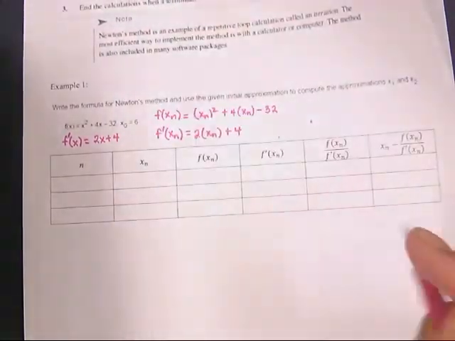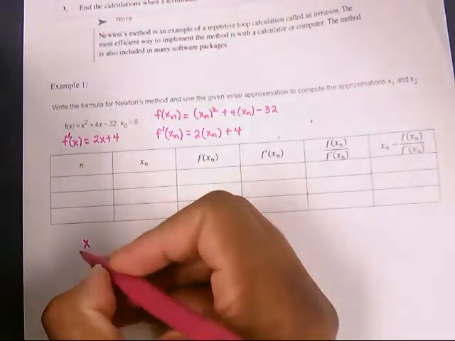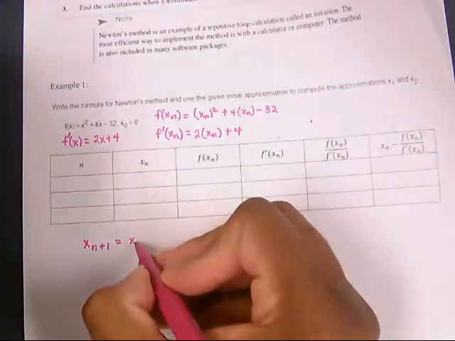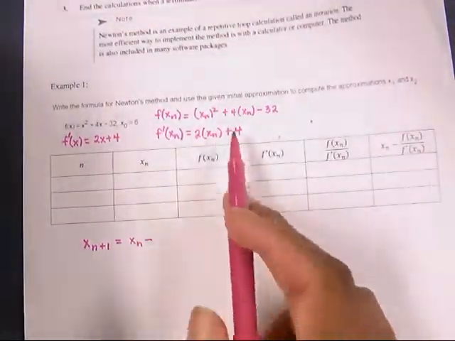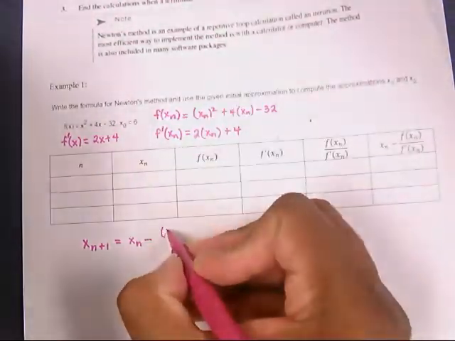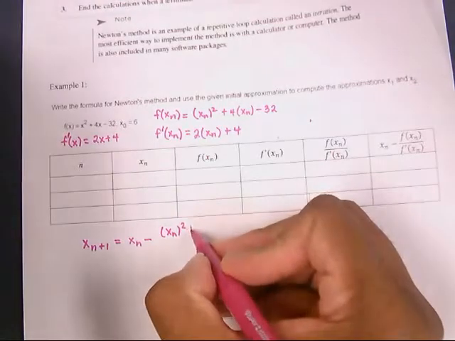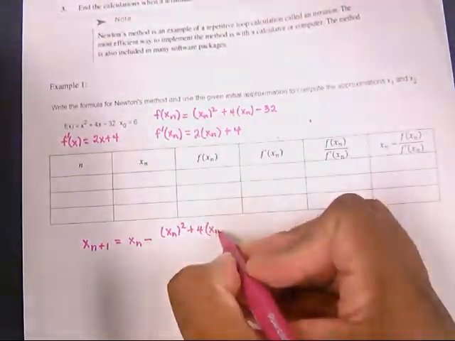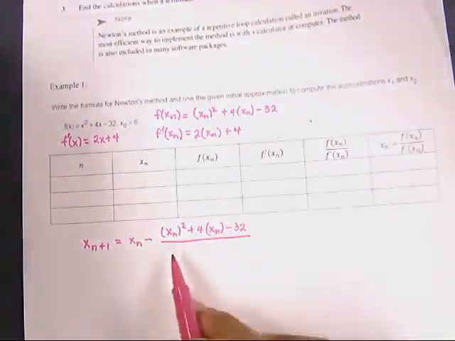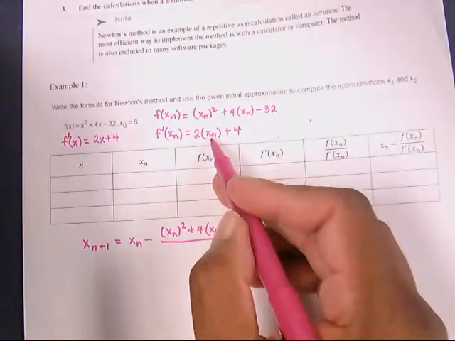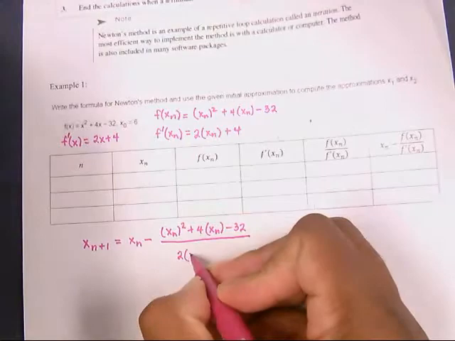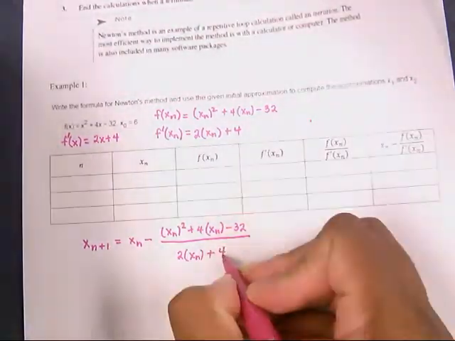Now the formula for Newton's method, I'm going to write that at the bottom. This will be x sub n plus 1, and that's equal to x sub n minus, the numerator is f of x sub n, that's this right here: x sub n squared plus 4 times x sub n minus 32. Now this part is going to be over f prime of x sub n, that's this part right here, 2 times x sub n plus 4.